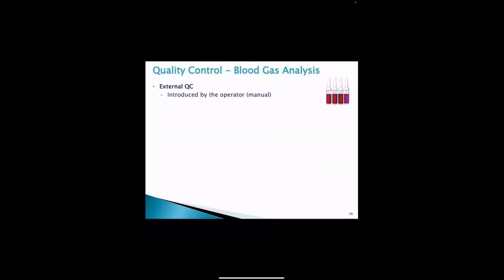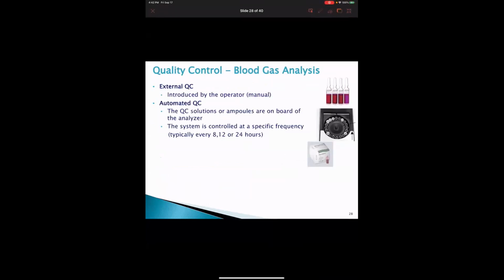I will go quickly here over the types of quality control in the blood gas analysis. External QC, which is introduced by the operator manually, and the automated quality control, where the quality control solutions or the ampoules are on board the analyzer, and the system is programmed at a specific frequency, every 8, 12, or 24 hours, depending on the policy of the hospital and lab standards.